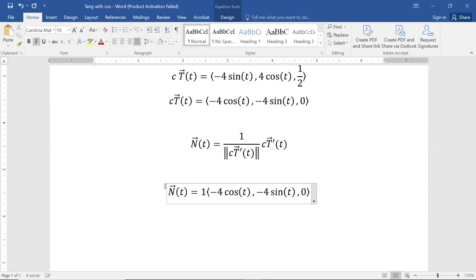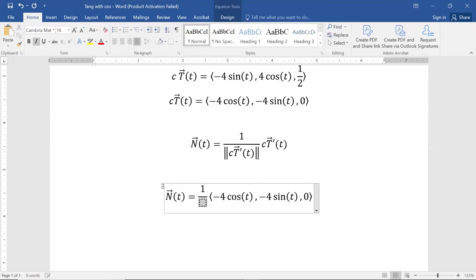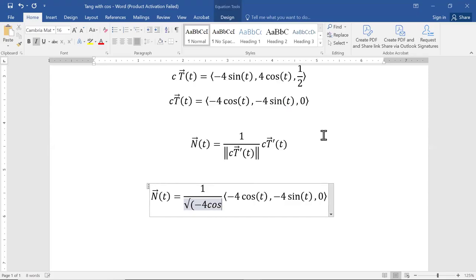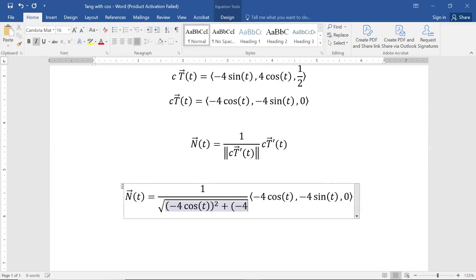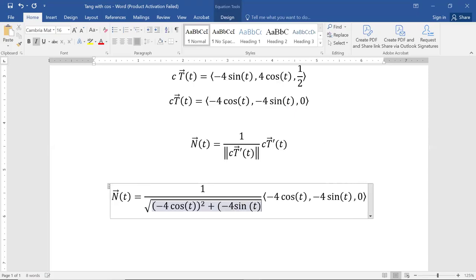I go 1 over the square root of -4 cosine of t quantity squared plus -4 sine of t quantity squared plus 0.